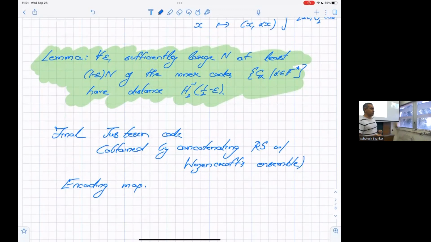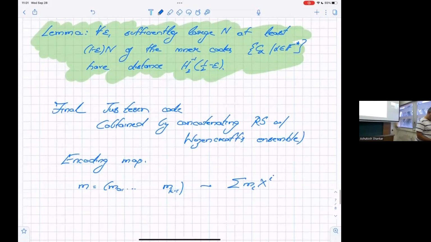So it looked at the message m, m0, m1, m2, up to m(k-1), interpreted this as the summation of m_i x^i. The Reed-Solomon mapping is going to map it to m(alpha), for alpha in the field, a string.